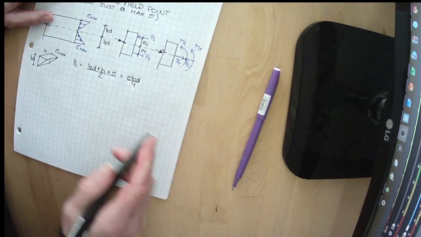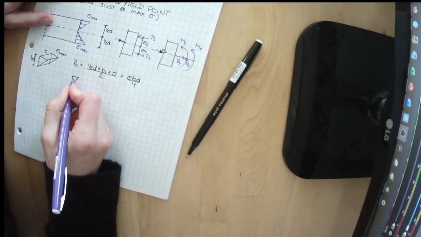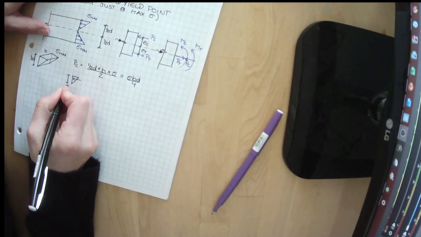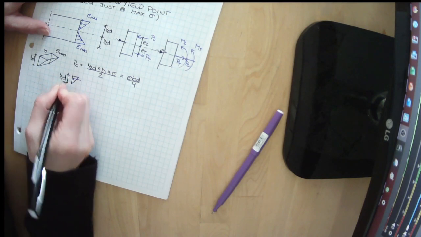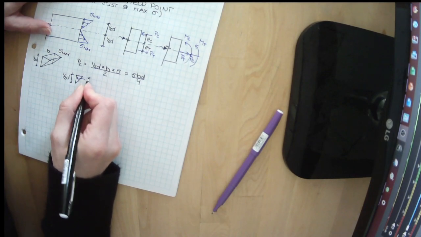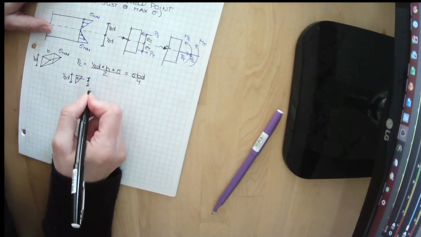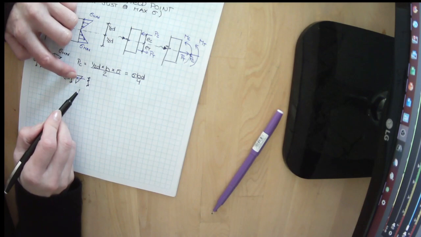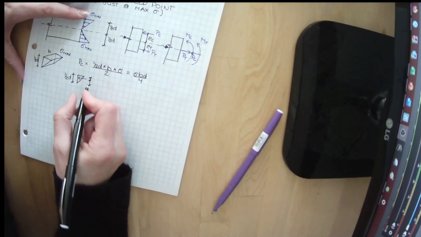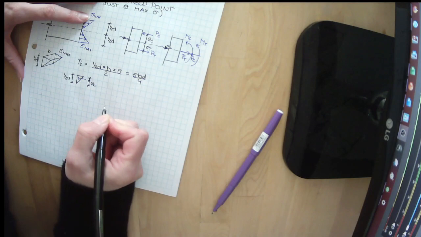And where it takes place is right there. This was 1/2 D, and this is taking place at 1/3 of that dimension, and this is taking place at 2/3. So remember, the triangular point load is at the 1/3, 2/3 point right here. And we want to know what this distance right here is, EC.